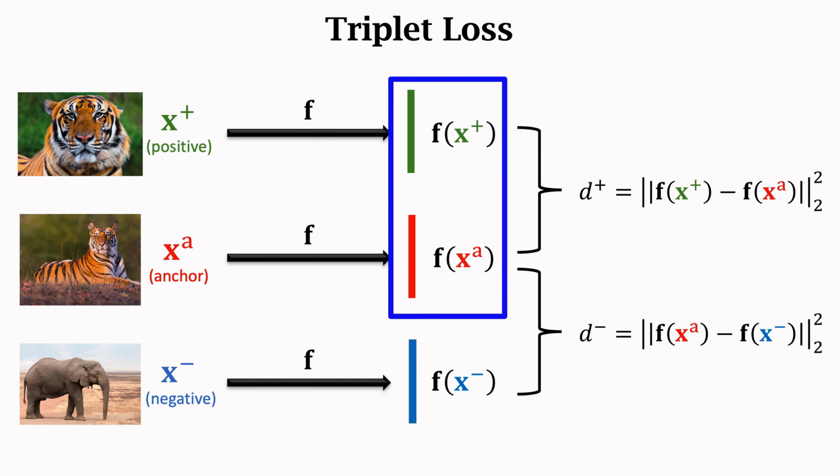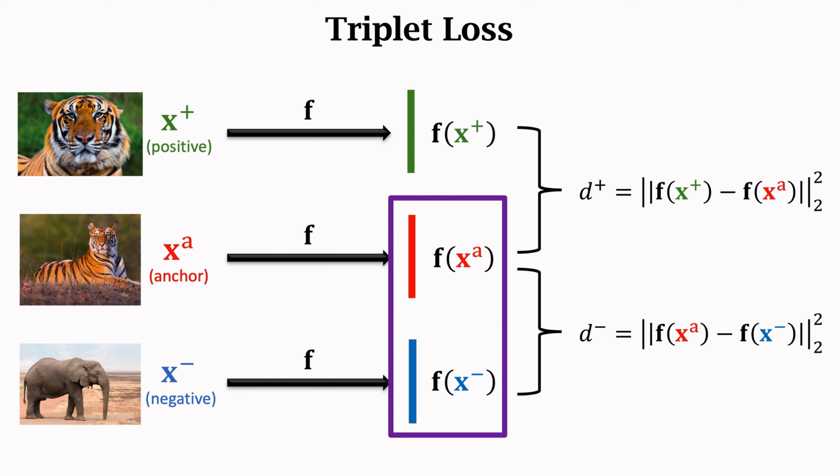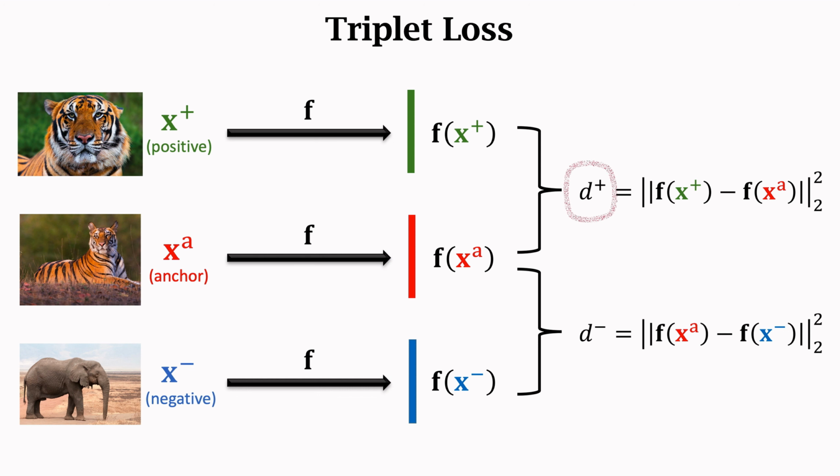The feature vectors from the same class are nearby, while feature vectors from different classes can be well separated. Thus, d_positive should be small, because the positive sample and the anchor belong to the same class. d_negative should be large, because the negative sample and the anchor are from different classes.